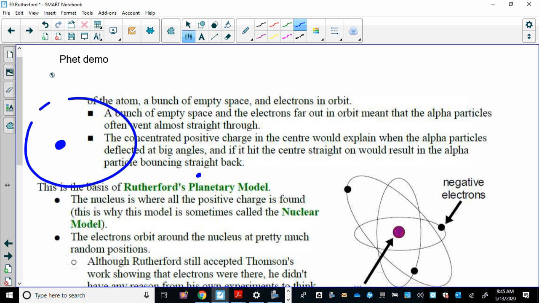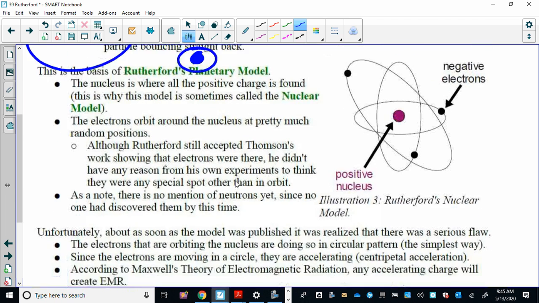For example, if this is the nucleus of an atom, and I'm standing here in the classroom, then the nearest electron would probably be over by the window. So you've got this huge amount of empty space within the atom. You've got this relatively massive, very dense, intense nucleus, and then a great amount of empty space, and then the electrons orbiting it. So this is Rutherford's planetary model.